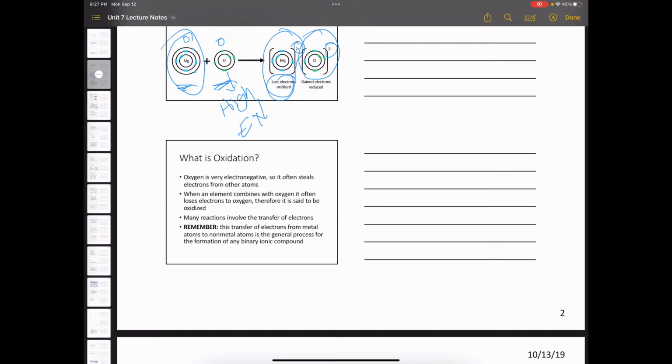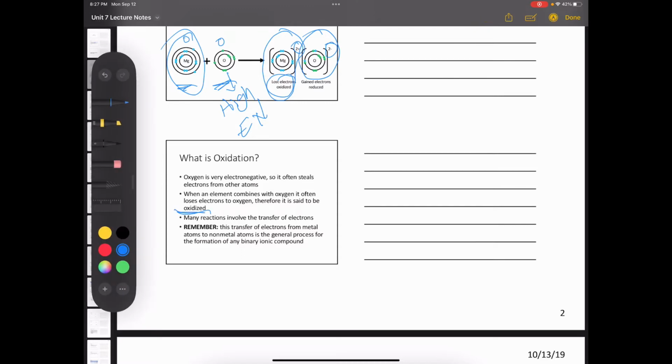When an element combines with oxygen, it often loses the electron to oxygen. Therefore, it's said to be oxidized. Being associated with oxygen is good enough to make that element lose its electron, so that element is said to be oxidized.